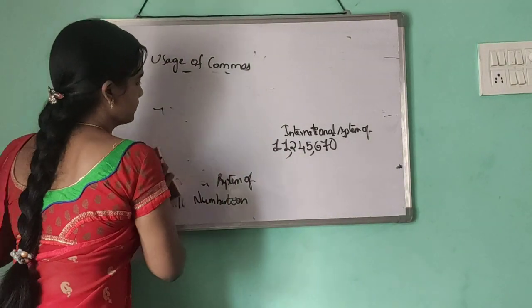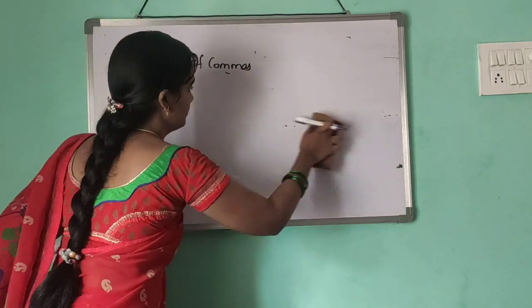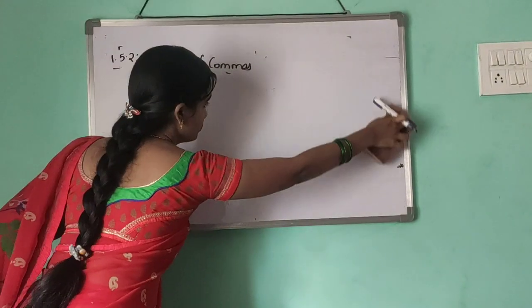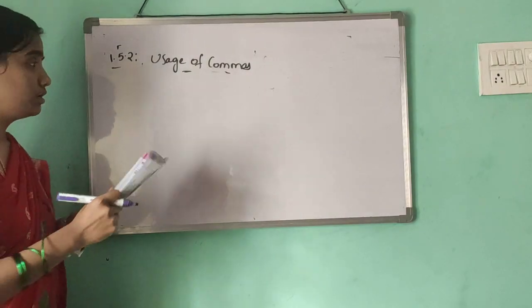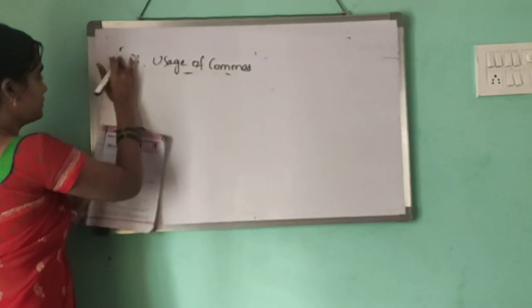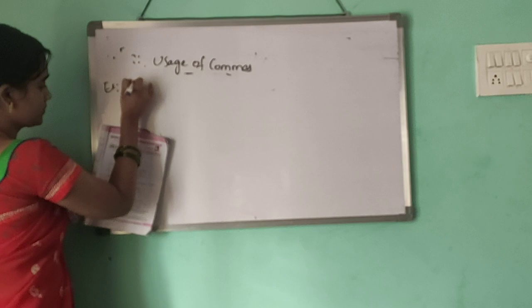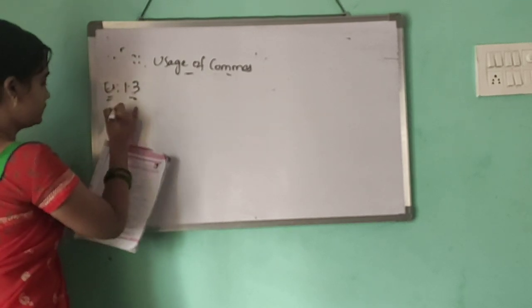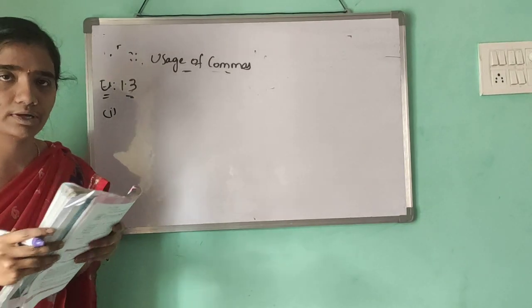By using these commas, we have to do the problems in exercise 1.3. First one, write the numbers using commas.